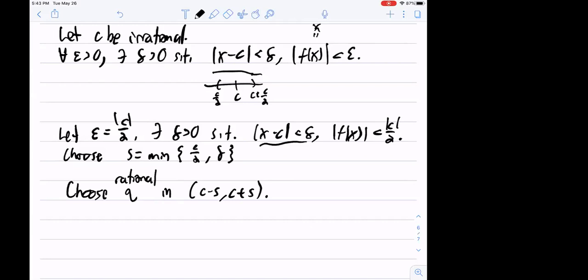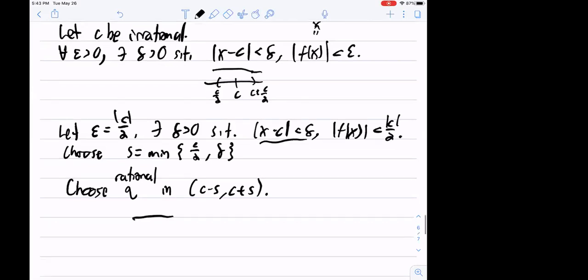It lies in here because s was the minimum, so s was smaller than delta. If I choose a delta ball, (c minus delta, c plus delta), since s is less than delta, s is just some smaller ball. This is c minus s, c plus s.